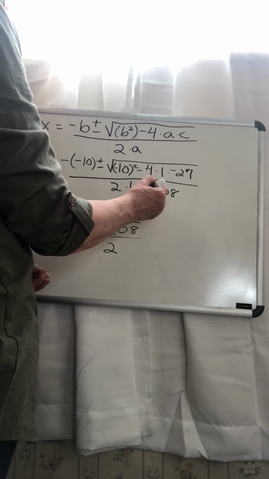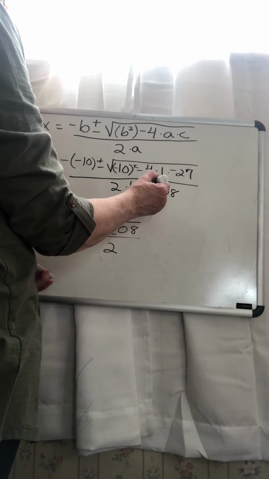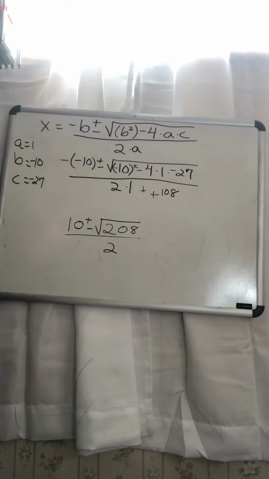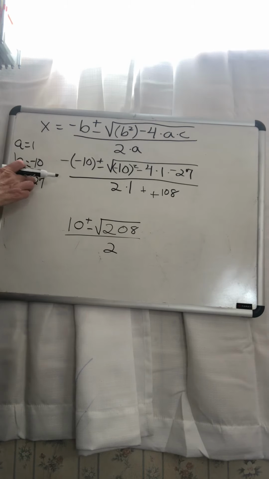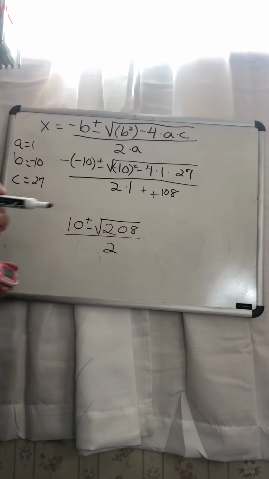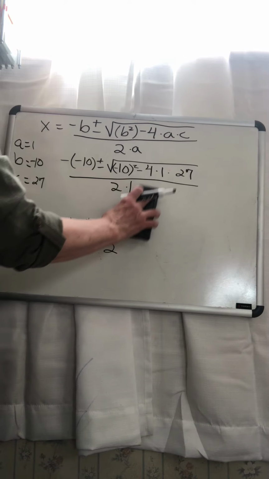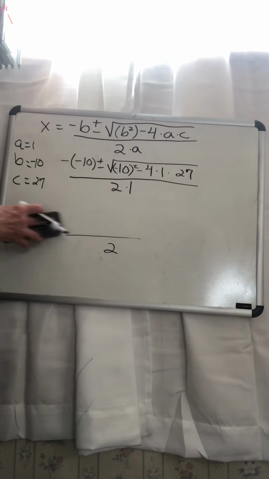And then we've got minus. Oh, C's a positive 27. Ah, shoot. So no wonder. I wondered why this wasn't working out. Okay, so back to the drawing board.